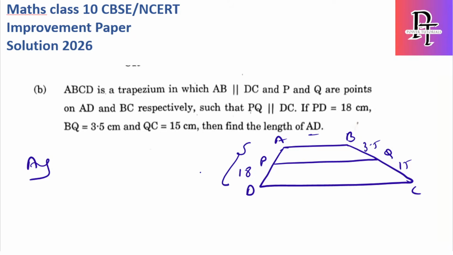The whole length they're asking. But still, as per BPT, if the lines are parallel, then I can simply say it is dividing proportionally. So AP by PD is equal to BQ by QC. I can say this from Thales theorem or BPT theorem.